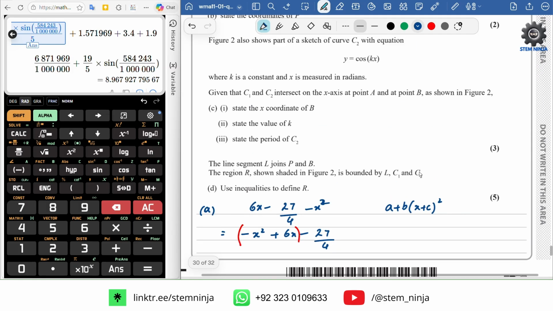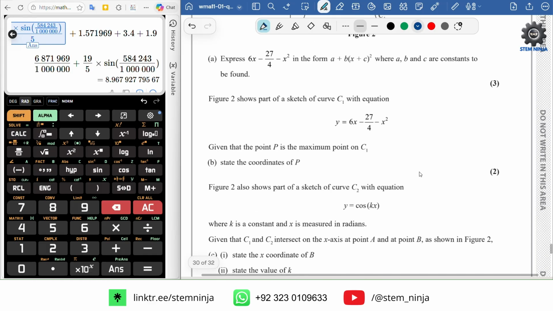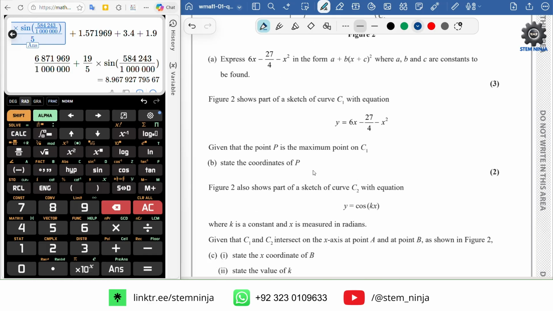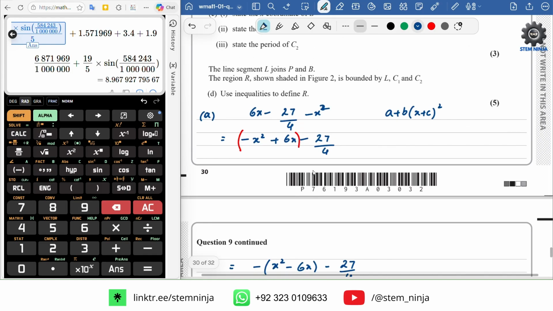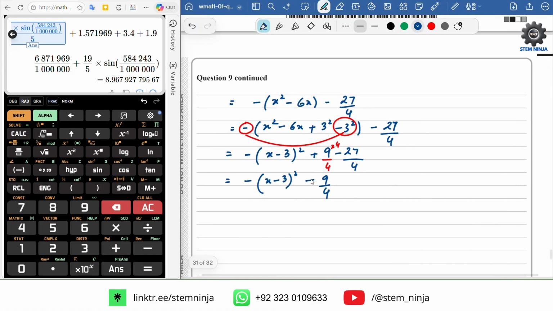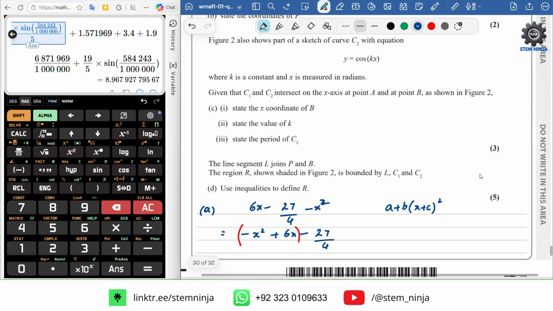Okay, so this is the completed square form for this function. Oh, this was plus now, so sorry, yes, 36. So this is going to be plus, right? Okay, so you can write it in that form: 9 over 4 minus x minus 3 whole squared. Okay, so that is the form now.